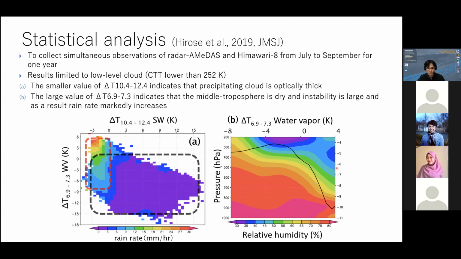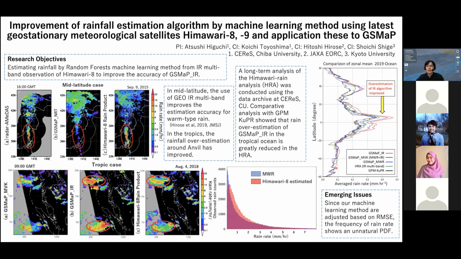Now we have applied this methodology to the whole Himawari area, including the tropical regions. We also apply the pattern matching method, which is a basic satellite data analysis method.